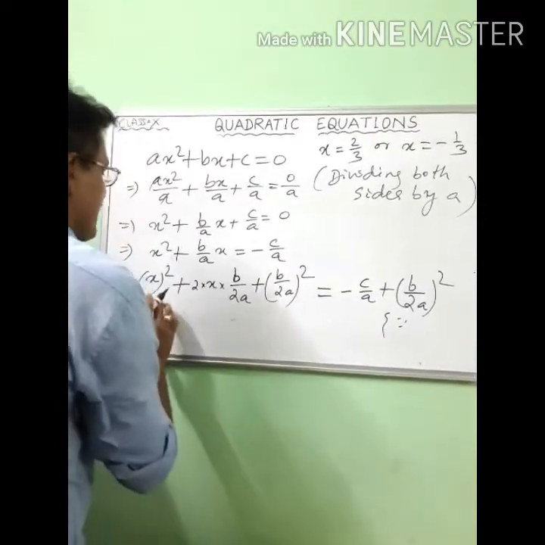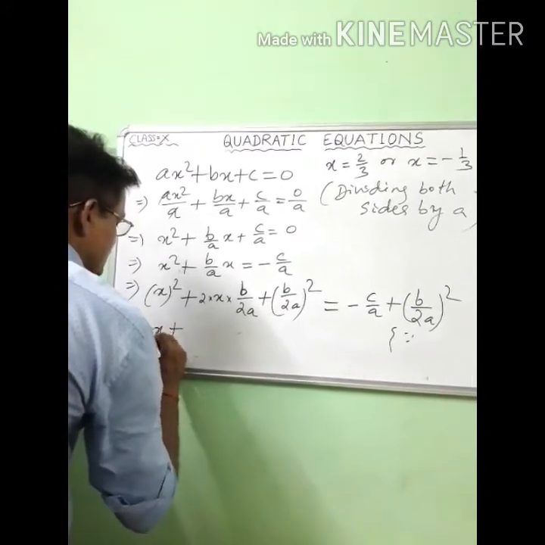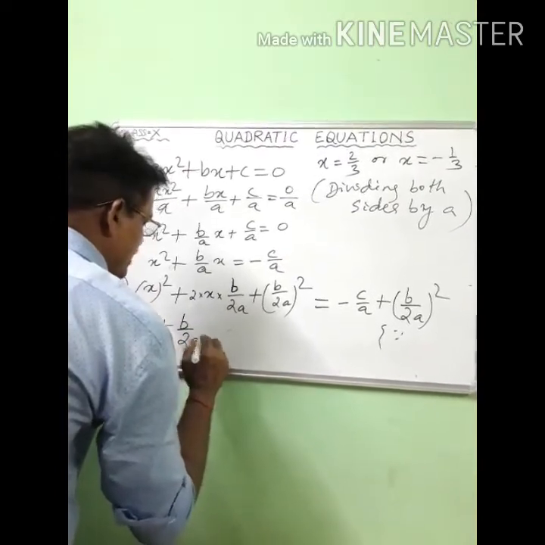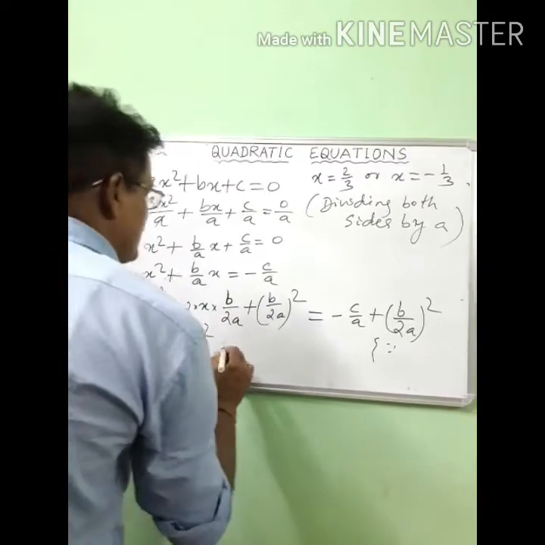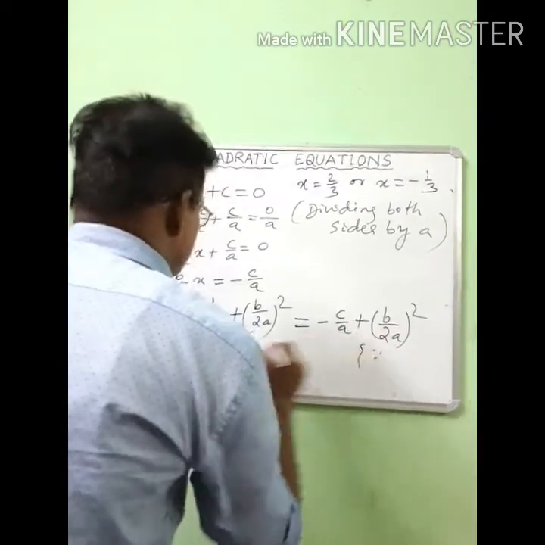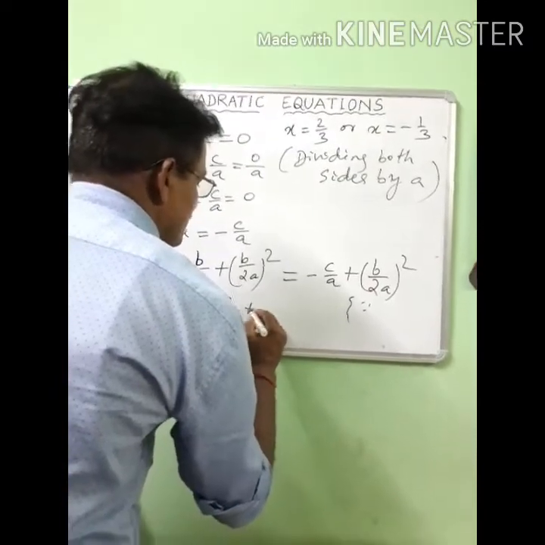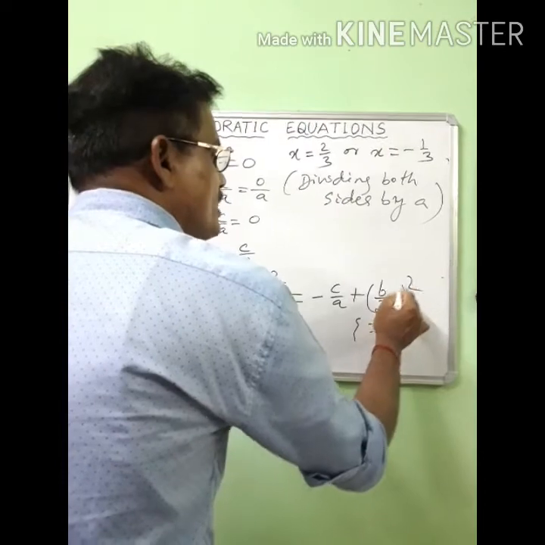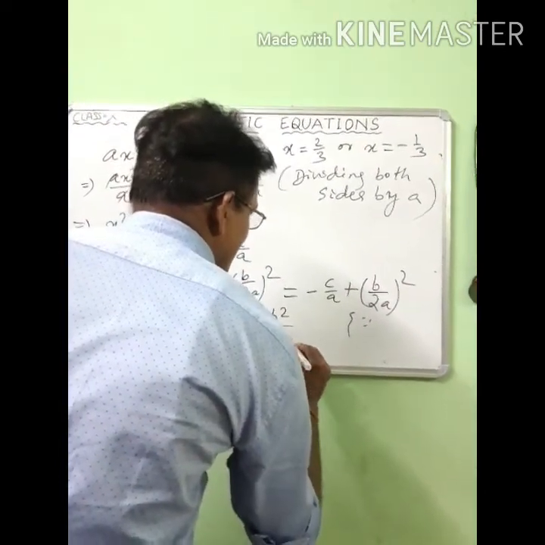Algebraic identity a plus b whole square, a means x plus b by 2a, whole square, is equal to minus c by a plus b square by 4a square. b by 2a whole square means b square by 4a square. Clear?